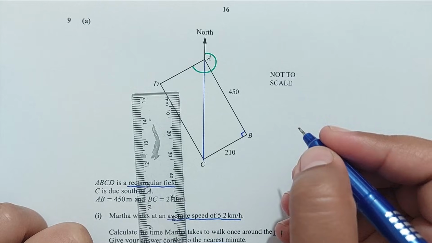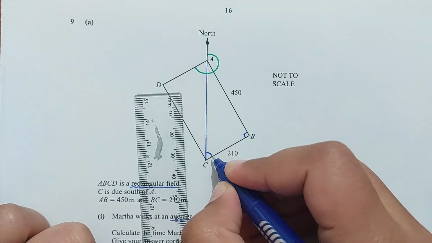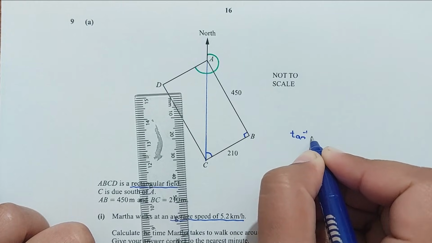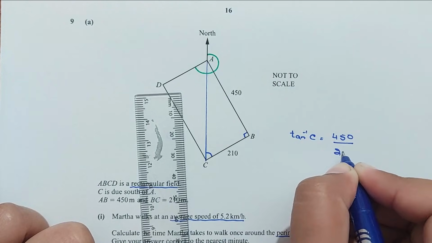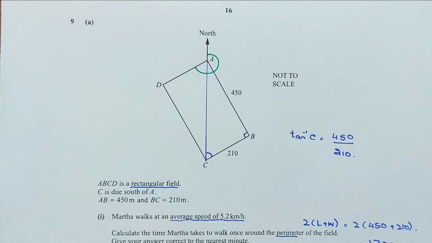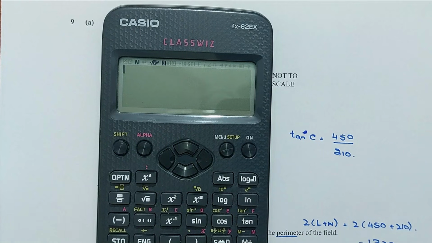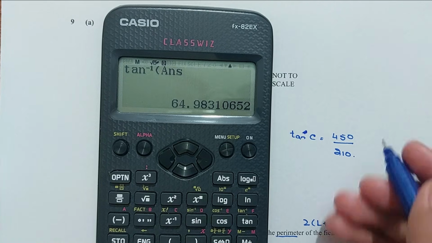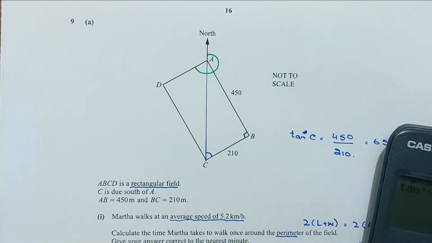We can solve for this angle by doing opposite over adjacent. So tangent of angle C, opposite is 450 and adjacent is 210, right? Now 450 over 210, and tangent inverse of the answer is 65 degrees. This would be 65 degrees.